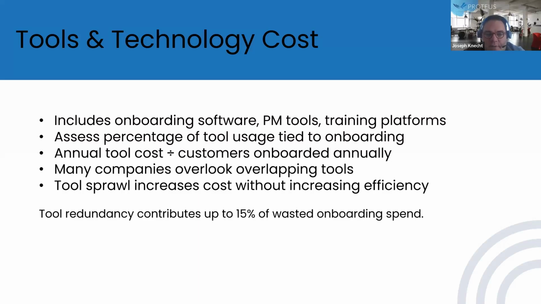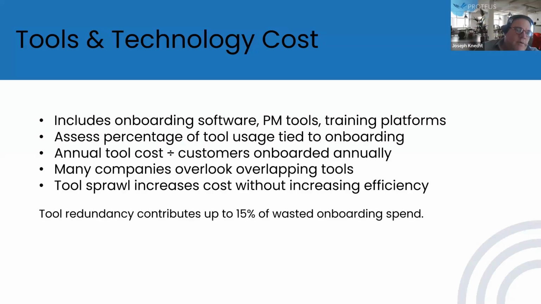You know what I mean? Those kinds of things. Make sure you're allocating that percentage out to you. And then of course you're going to be dividing most of all of this by how many clients were onboarded.